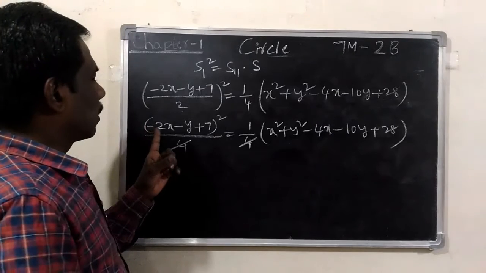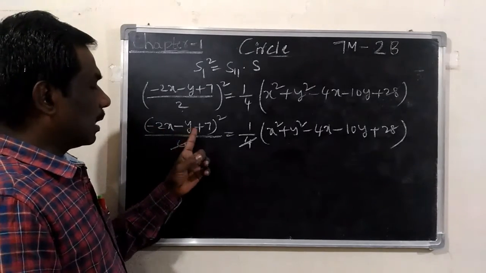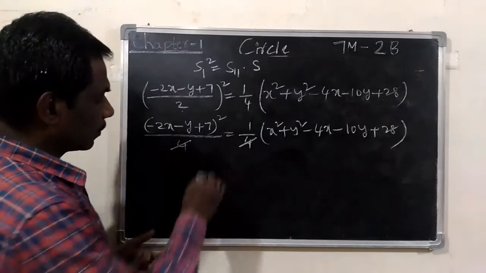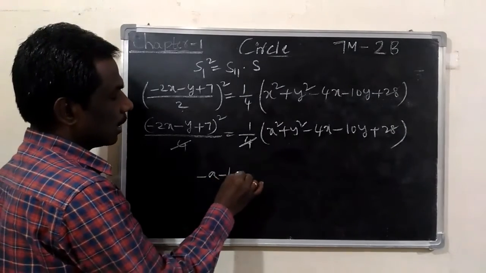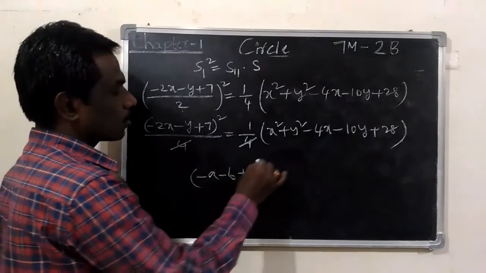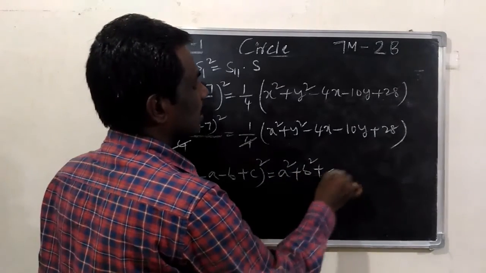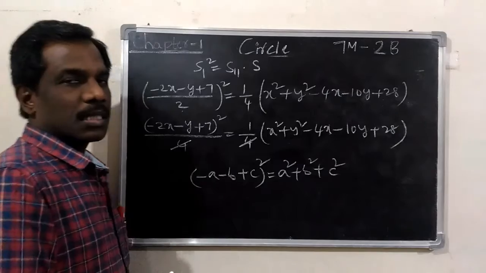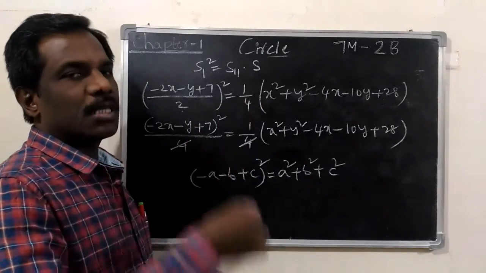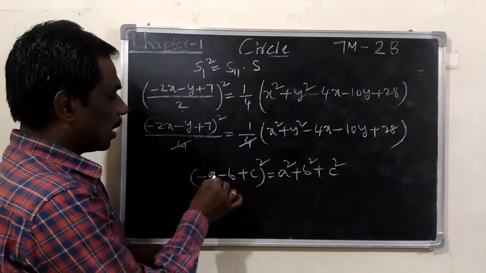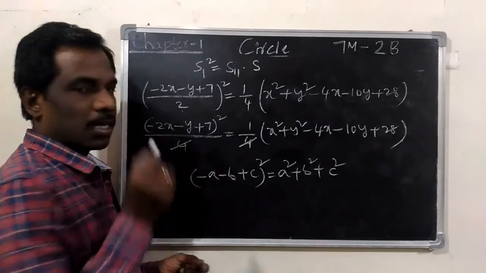Now it is in the form of (minus a minus b plus c) whole square. So I am writing the formula here once: (minus a minus b plus c) whole square. Its formula is a square plus b square plus c square. Till here write as it is, and after that, in place of 2ab, 2bc, 2ca, where there is a, there we write the minus symbol, and where there is b, there also write the minus symbol.